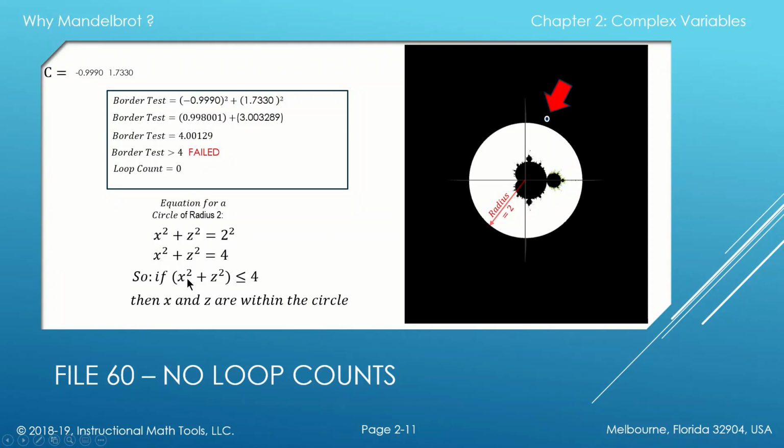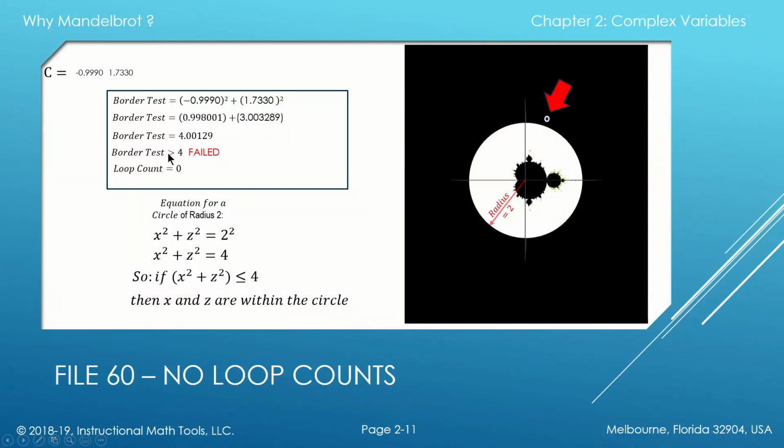So the bottom line is, if you take this number and you take this number and you square each of those and add them together, and if it's less than or equal to 4, it's in the circle. Why? Because it's actually saying less than or equal to radius 2. Radius 2 squared is 4. So that's the border test right here.